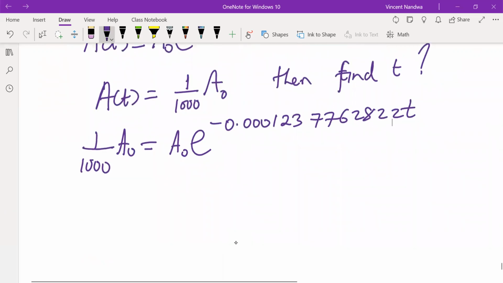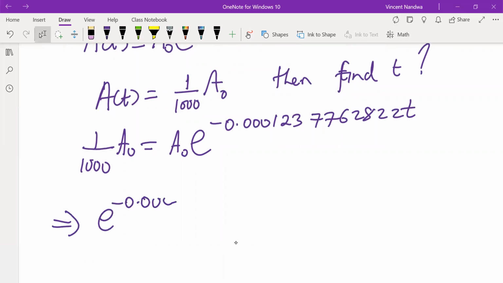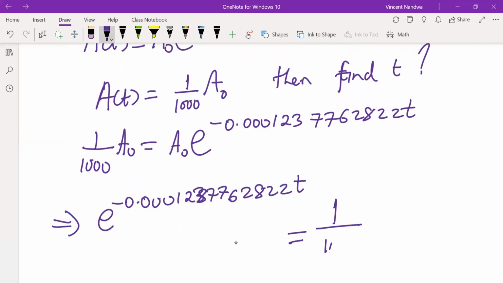Dividing through by A naught, we get e raised to the power negative 0.0001237762822 t equals 1/1000.